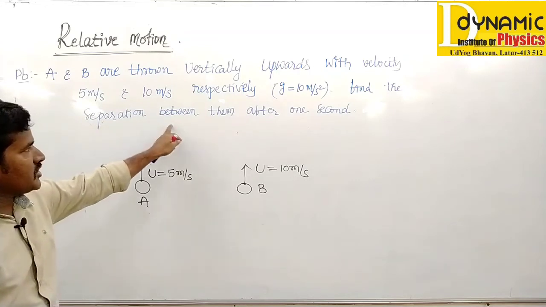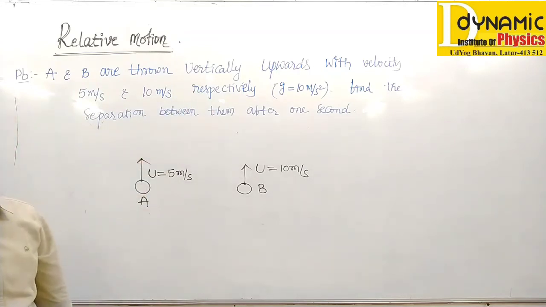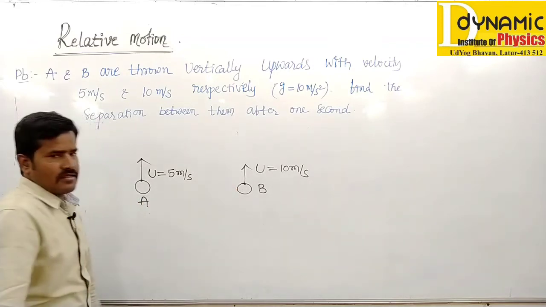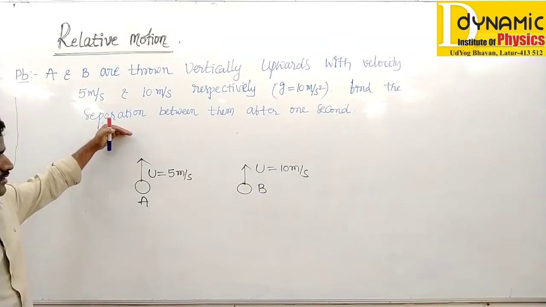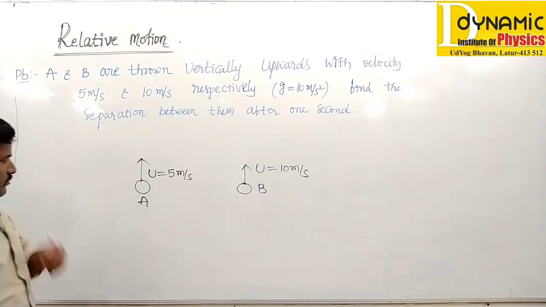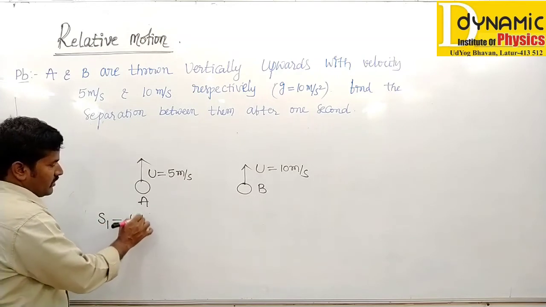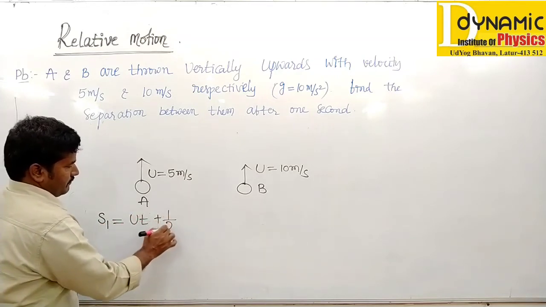Find the separation between them after 1 second. After 1 second, the two objects have covered a certain distance. What is the displacement of the first body? The first body displacement S equals ut plus half at square.